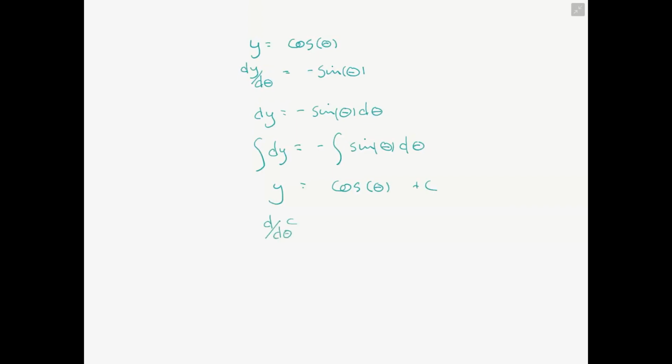We always just assume the c is there because when you take dy d theta of c, it is 0. So you can see it brings us back to the original function. So if we want to know the integral of minus sine theta d theta, we know it's the cosine of theta.